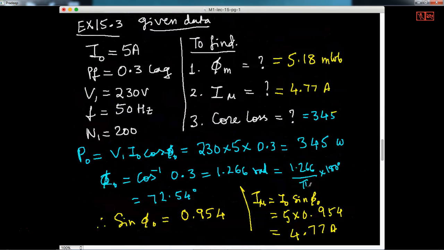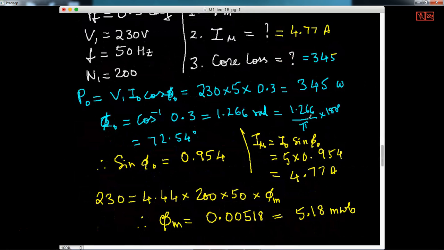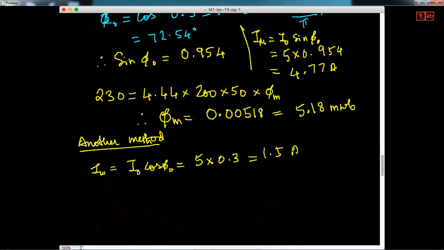IW is nothing but I naught into cos phi naught, that is 5 into 0.3, which is 1.5 amperes. Looking at the triangle, this is IW, 1.5 amperes. This is I naught, 5 amperes. Here we have the right angle, and this is phi naught.